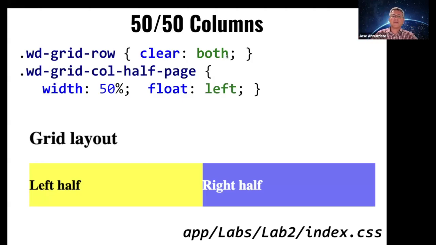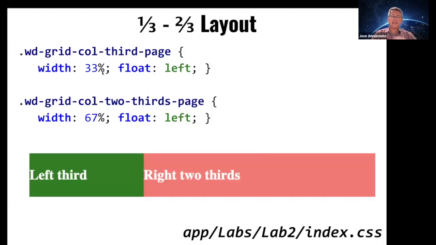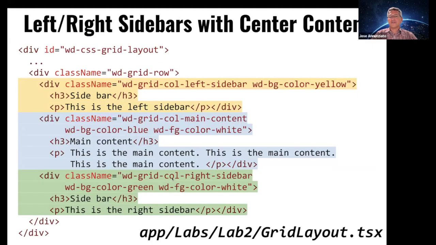So here's another example of using a third on the left side and two thirds on the right, where you have 33% on the left and then 67%, to add up to 100, and then both floated left. Here's another example of having the main content in the center, where you have most of the area of the content, and then two sidebars on the left and the right.